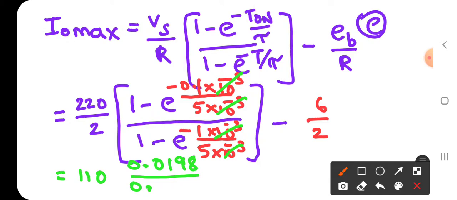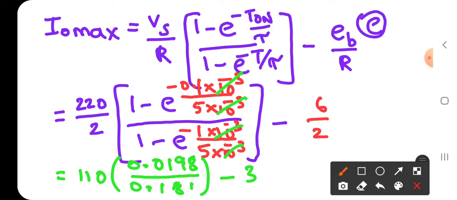Use your calculator and check whether these values are correct or wrong, because I am using the mobile calculator. It may be 0.181, minus 6 by 2 is 3.